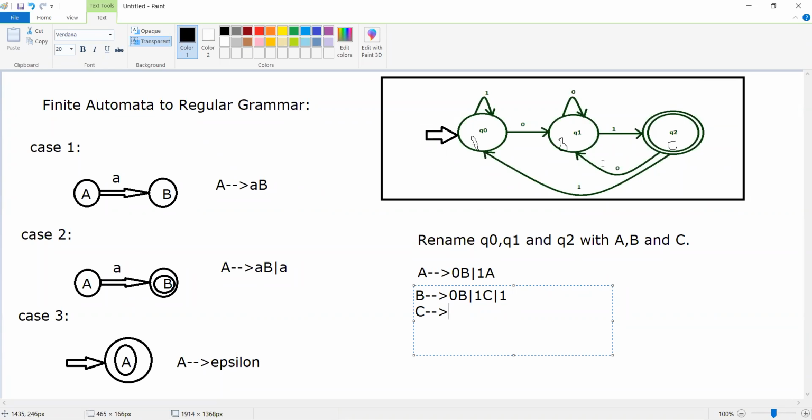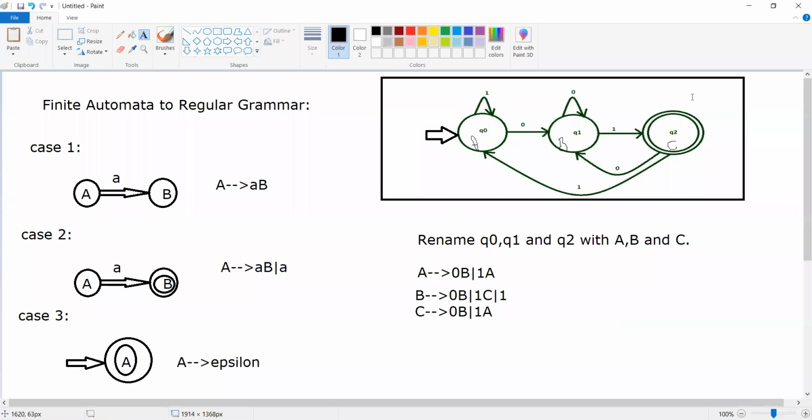C on 0 goes to B, and C on 1 goes to A. This is how we convert our given finite automata into the corresponding regular grammar. Now let us take one more example.